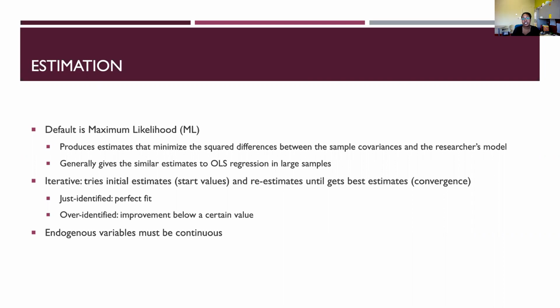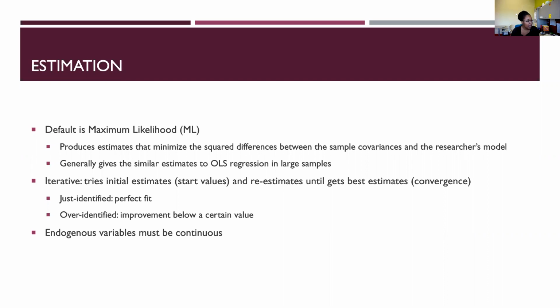So those initial estimates that it starts out with are called start values, and in general, these programs are pretty good at generating their own start values, but sometimes they have some trouble, so you'll have to provide some start values. And it's going to re-estimate until it gets to the smallest number it can, and that is called convergence when it reaches that smallest number. So some of the error messages you'll see will be about convergence. Sometimes it'll be about start values. That's what it's referring to.